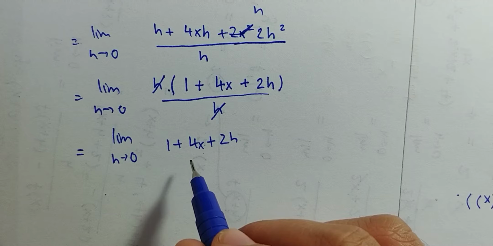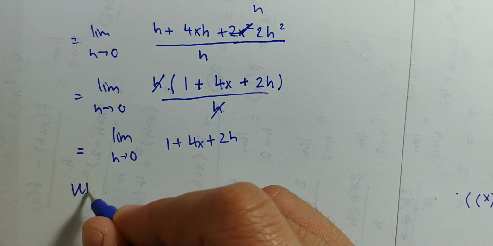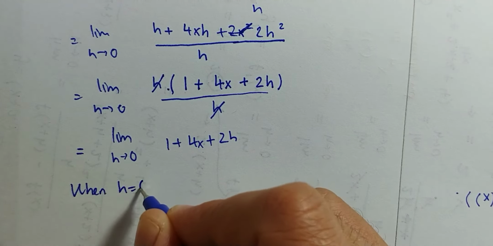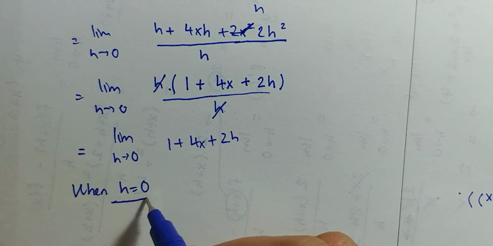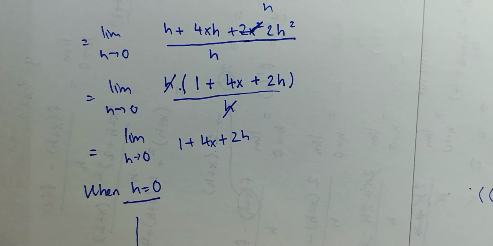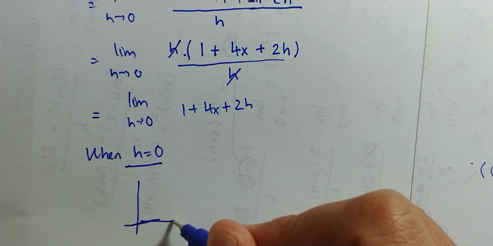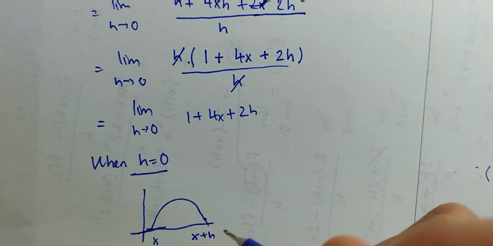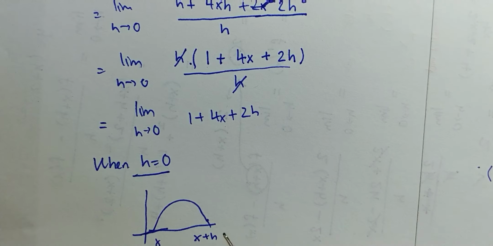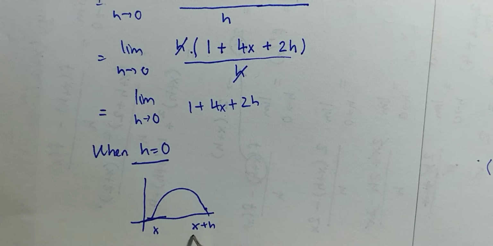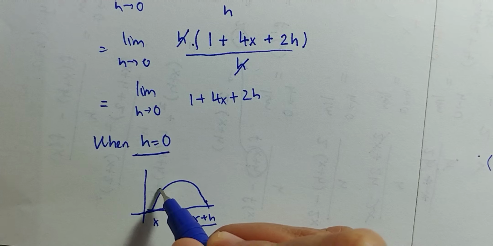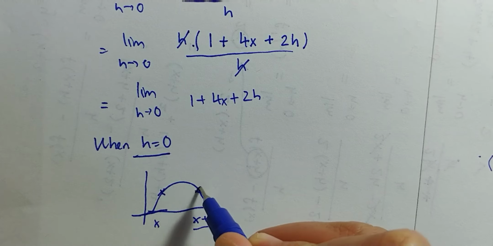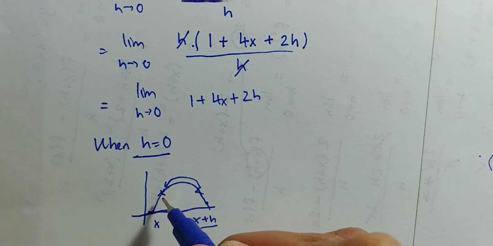So what you do here now is you say when h is equal to 0, what it means on the graph is that you are saying I'm shifting this x plus h to this point.